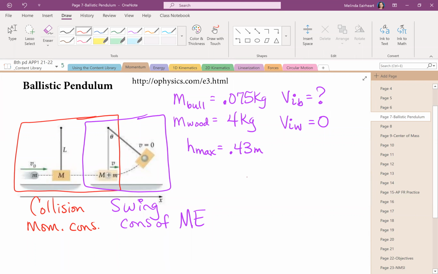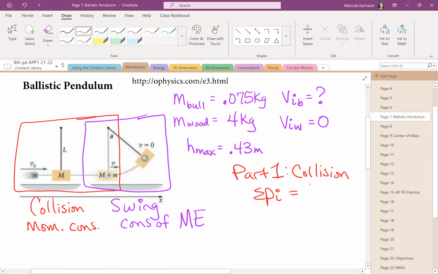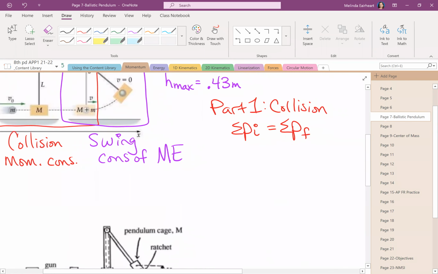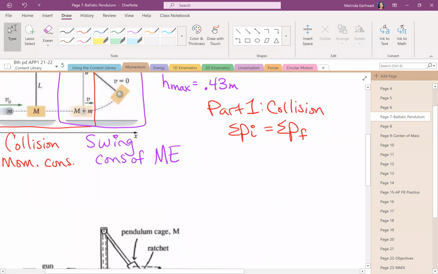And so for part 1, the collision, let's do net momentum before the collision equals the net momentum after. Well, who has momentum before the collision? The bullet, the wood, both? Just the bullet, because the wood isn't moving.